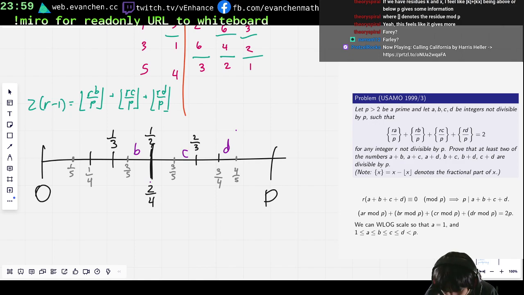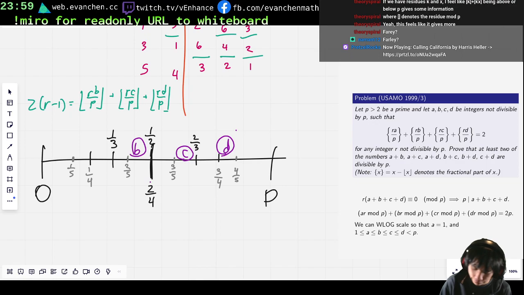And I don't know. So this is the case I'm worried about, isn't it? If I put BCD in this picture, then I can get this thing to be true for r equals 1, 2, 3, 4 and not be in the right places. Or 1, 2, 3, 4, 5. 2, 3, 3. Yeah. Okay.